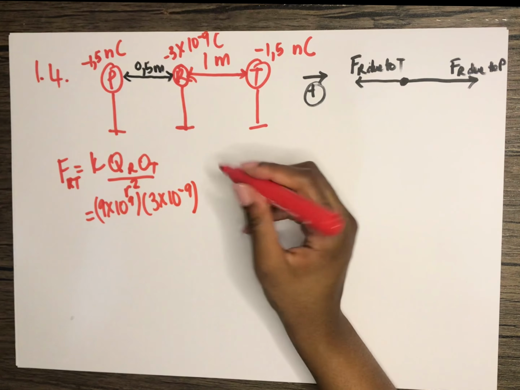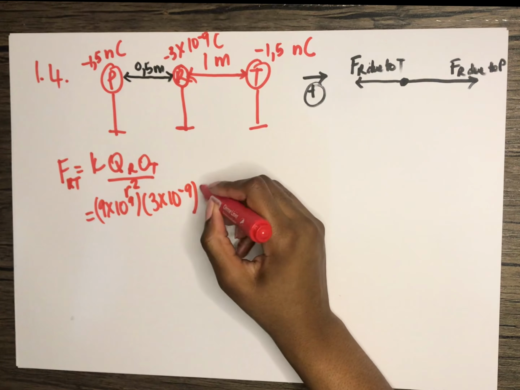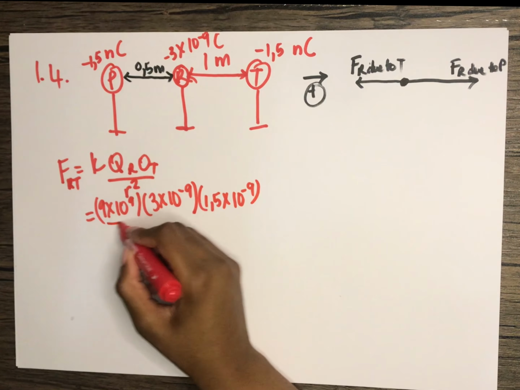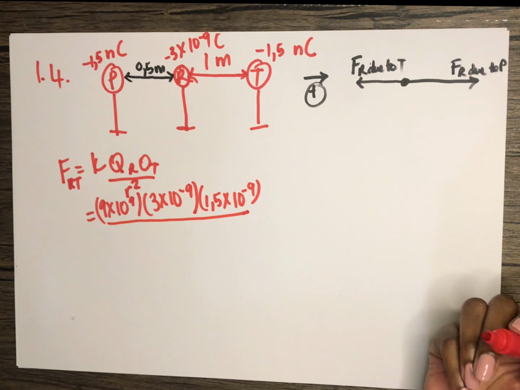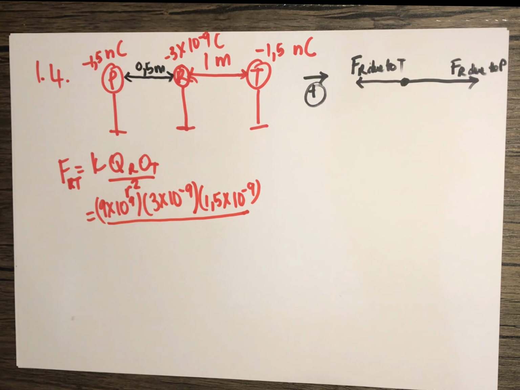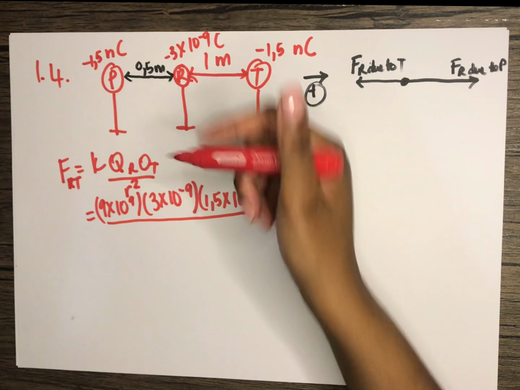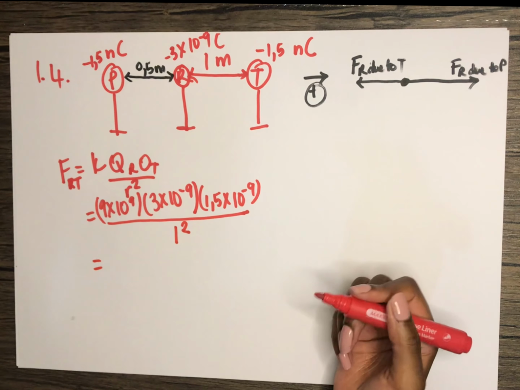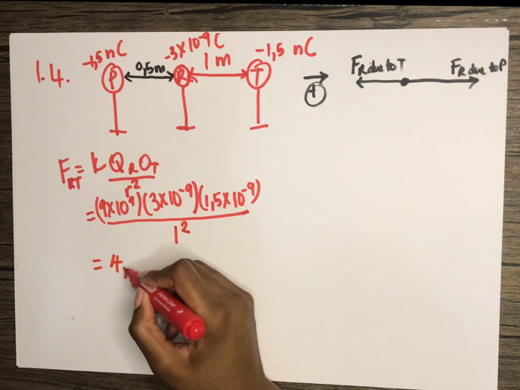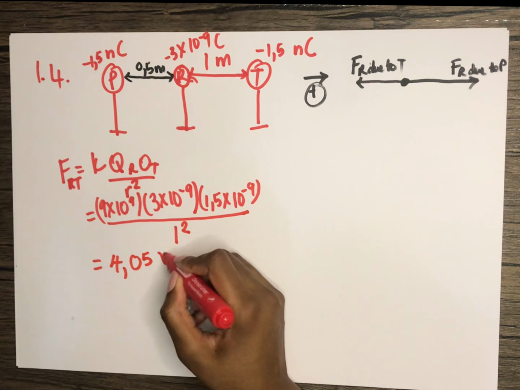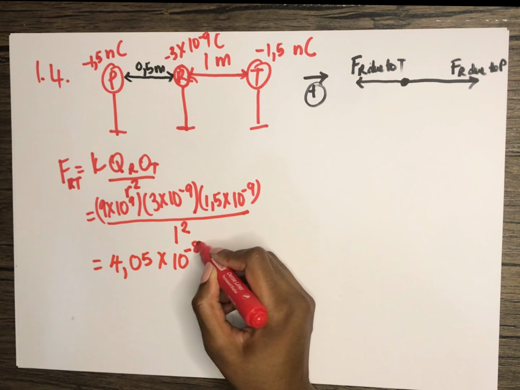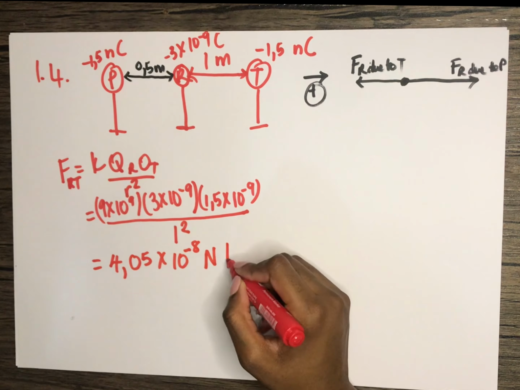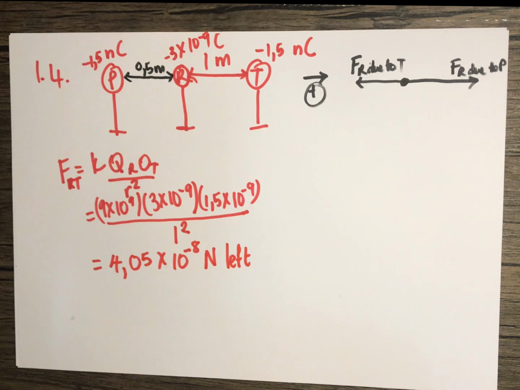Charge on T is going to be 1.5 times 10 to the power of negative 9. Here at the bottom, the distance between R and T is going to be 1 squared, right? If you do your calculations, you're going to get 4.05 times 10 to the power of negative 8 newtons. This we had already said is going to be to the left, right?